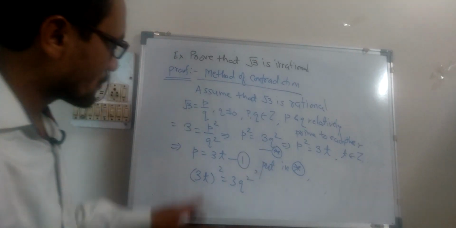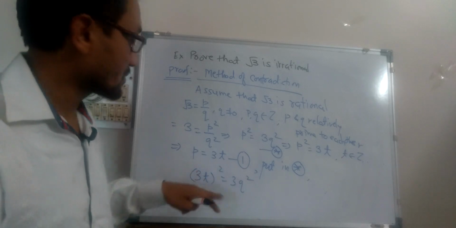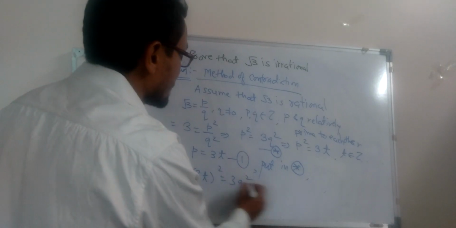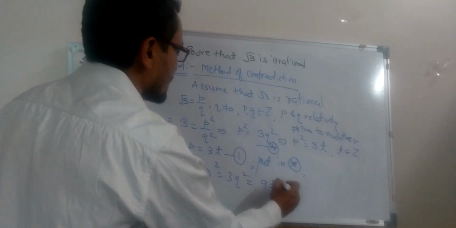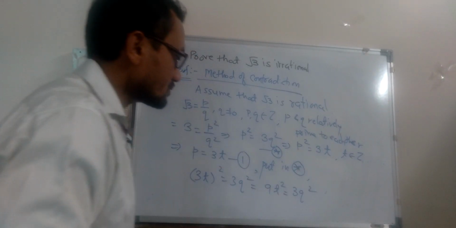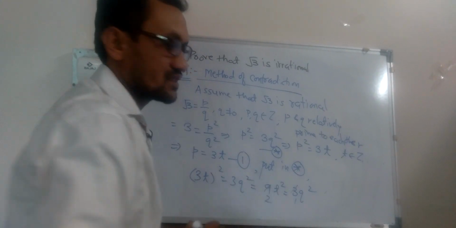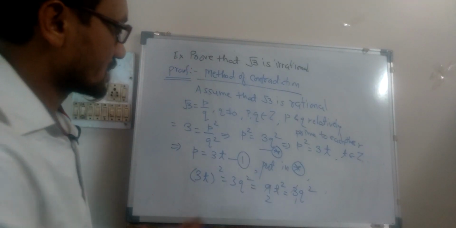The square of p is 3t whole square, so ultimately we get 9t square equals 3q square. Again, 3 ones are 3, 3 twos are 6, 3 threes are 9.